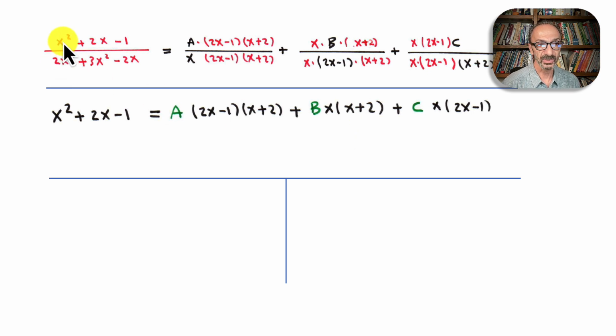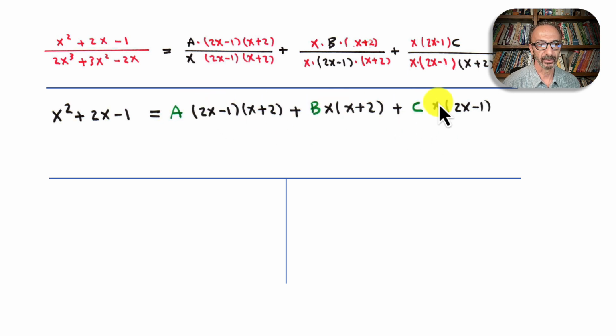Meaning, x to the second plus 2x minus 1, that's the numerator right here on the left. And the new numerator right here, after you combine them, will be a times this plus b times x and x plus 2, plus c times x and 2x minus 1.